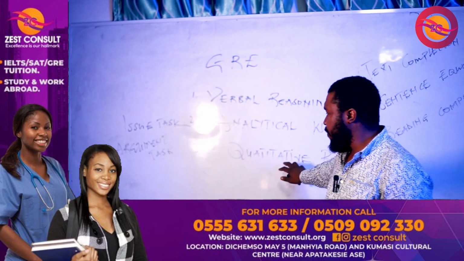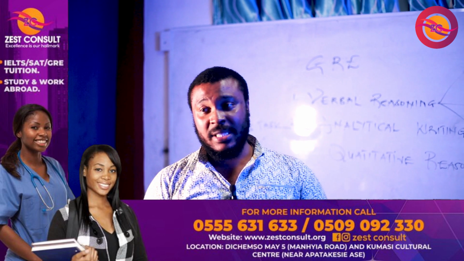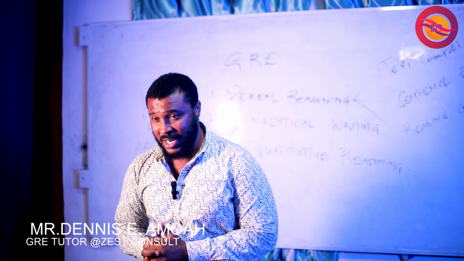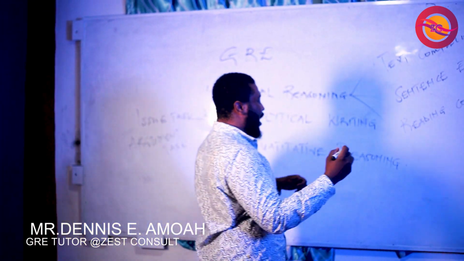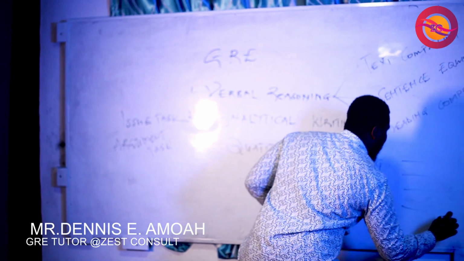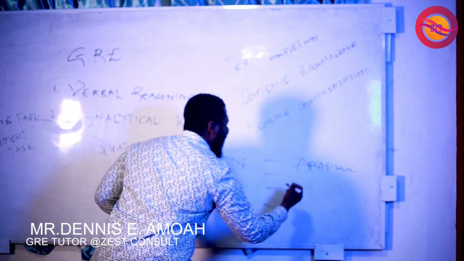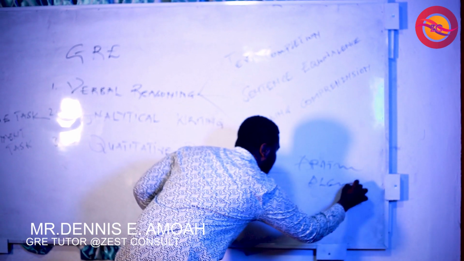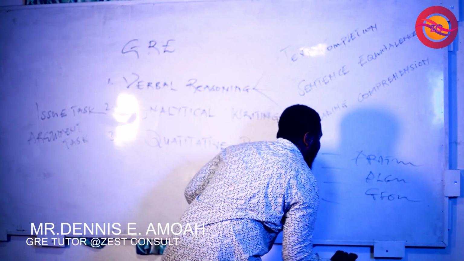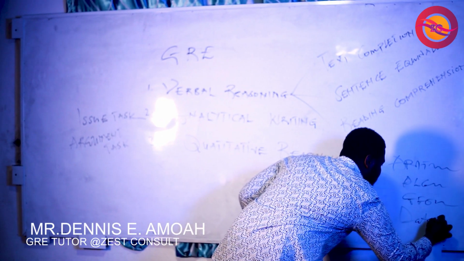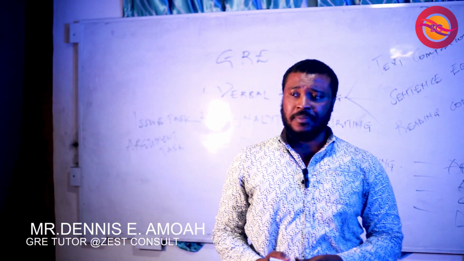Then we come to the math aspect of the GRE, which we call quantitative reasoning. Under quantitative reasoning, we are going to look at four main topics in math: arithmetic, algebra, geometry, and data interpretation or data analysis.